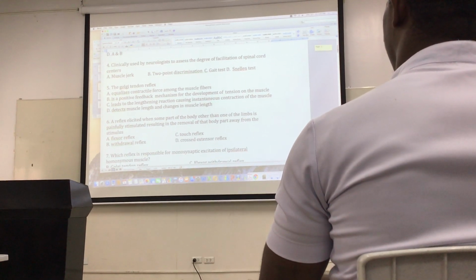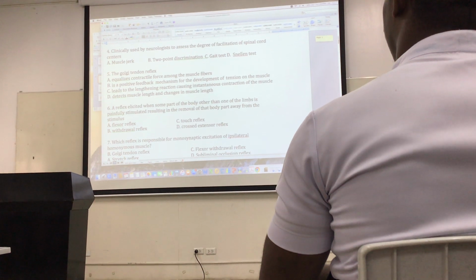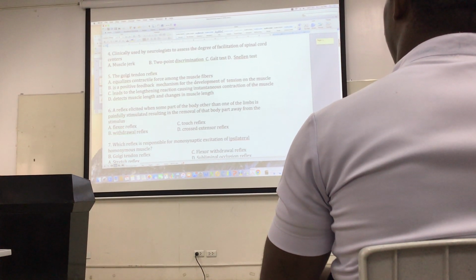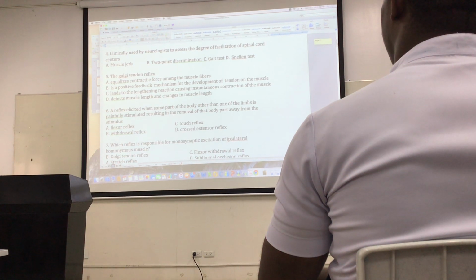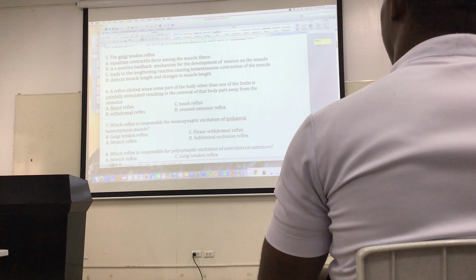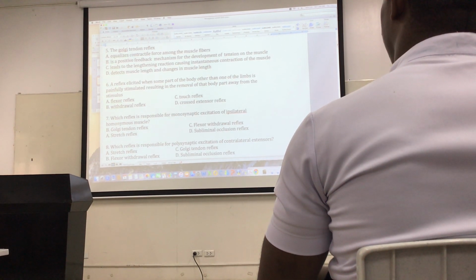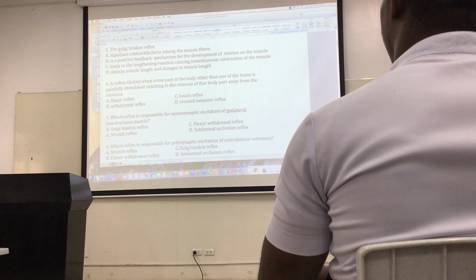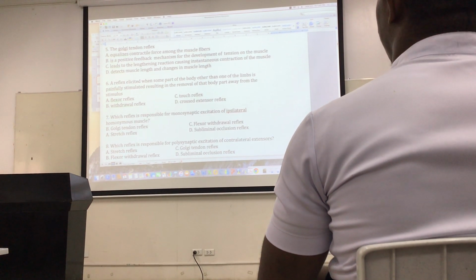Number four, degree of facilitation of spinal cord centers. Yes, the muscle jerk, the knee jerk, also stretch reflexes. The Golgi tendon reflex equalizes contractile force among the muscle fibers. Okay.